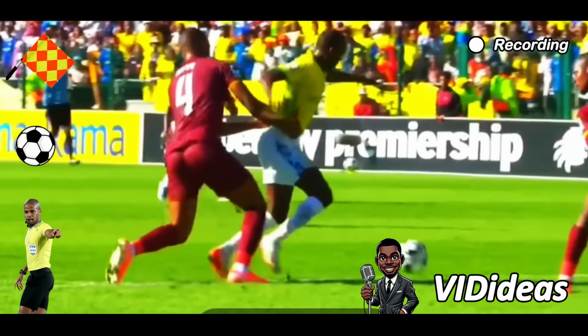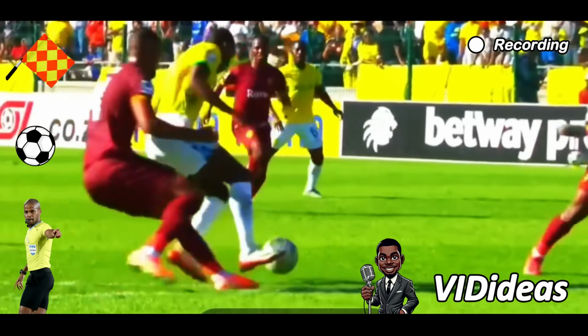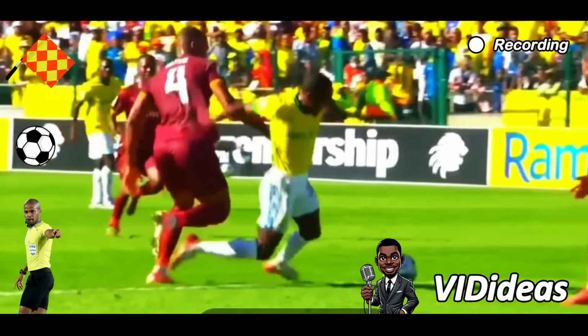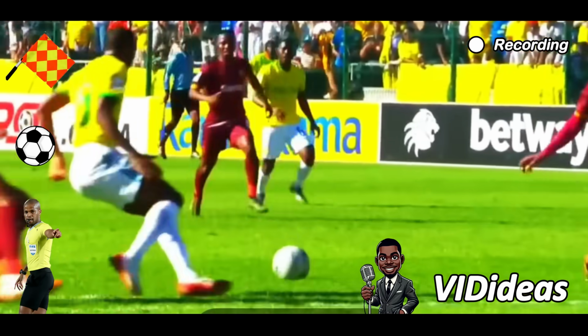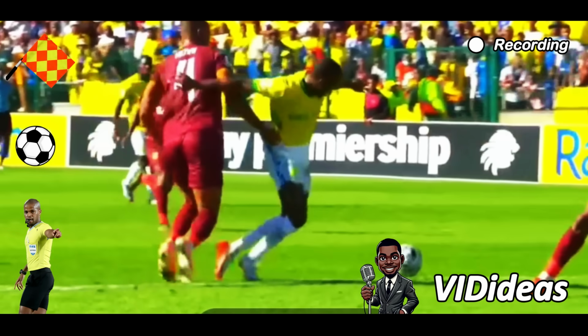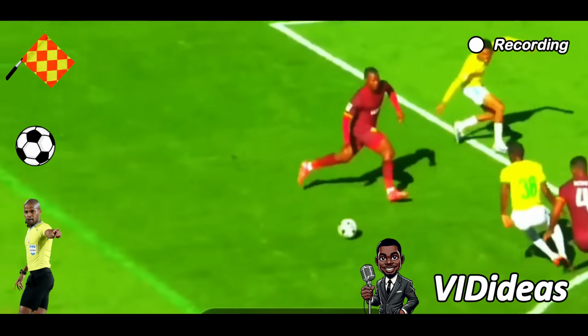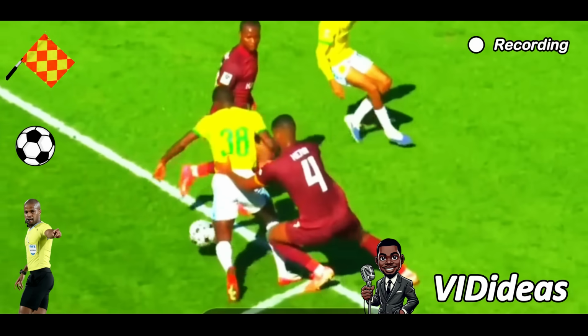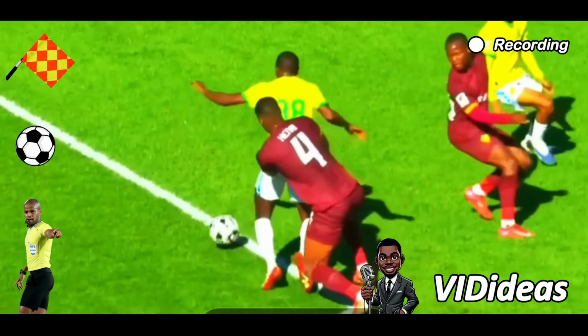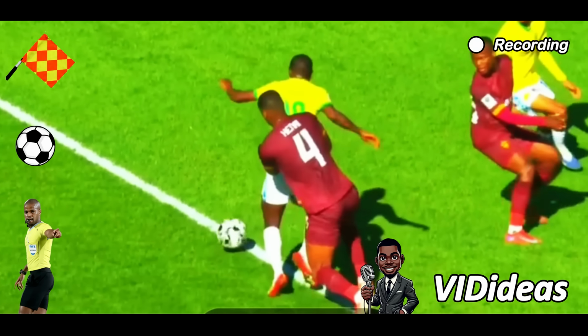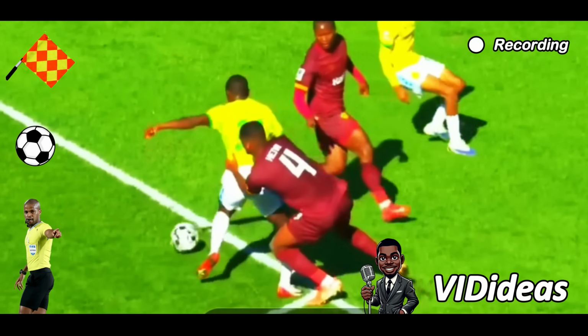So, what does the law say about penalties? A foul needs to take place either on the line or inside the penalty area. And then here we clearly see that the foul occurred outside the box.